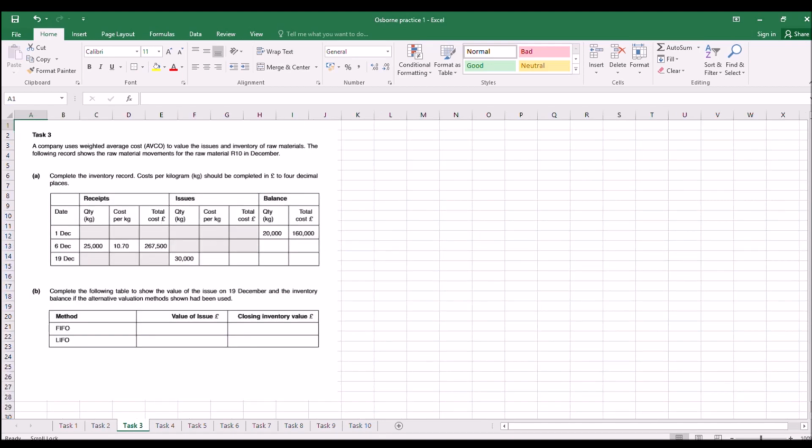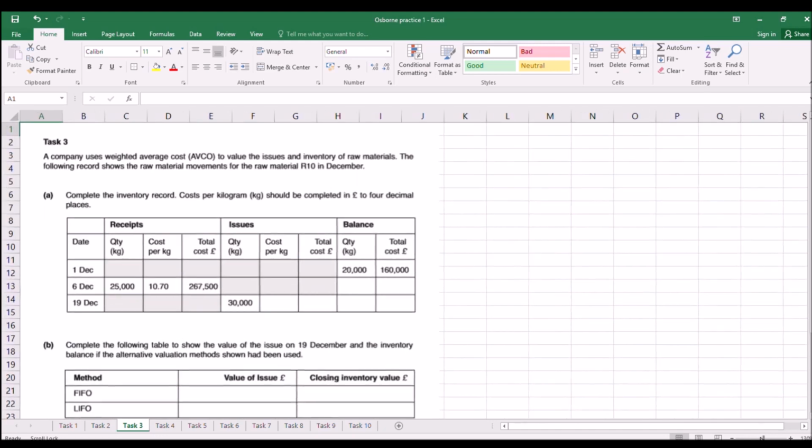Okay, so task number 3. Company uses a weighted average cost to issue inventories of raw materials. The following record shows raw material movements. Complete the inventory records. Cost per kilogram should be completed to pounds to 4 decimal places. Oh, exciting. We always read our questions.